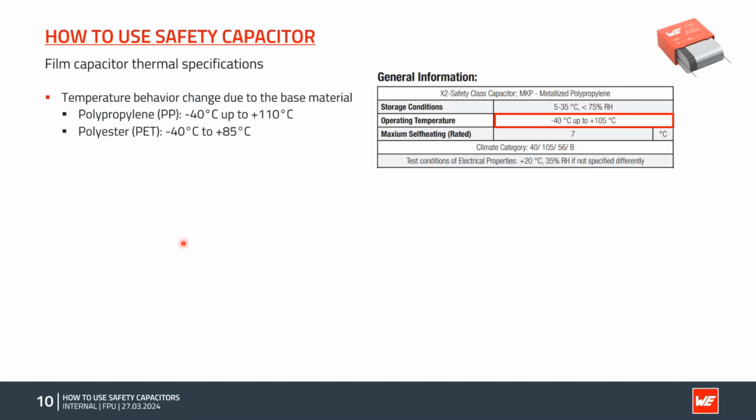Yeah, coming from the construction side to the thermal specifications. I will talk about mainly polypropylene and PET. So as you see, or when you remember what I said in the beginning, that PET is not so stable over temperature.